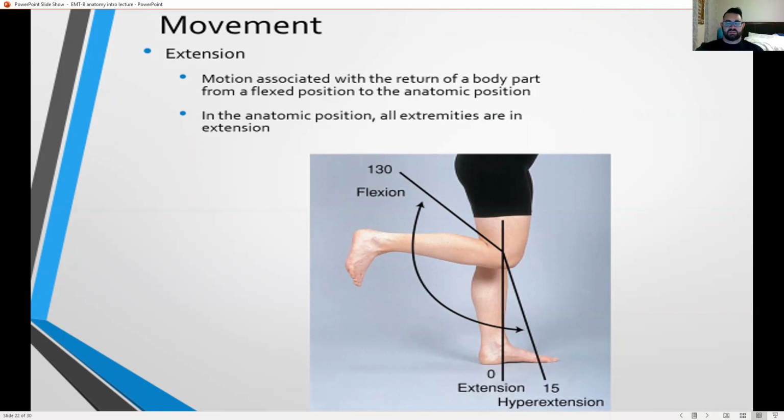So in the anatomic position, all extremities are in extension. So there's a nice picture there to show what flexion is with the leg. You flex in, forming kind of a leg bicep on the back there, and extending out is returning it back towards a more neutral position.